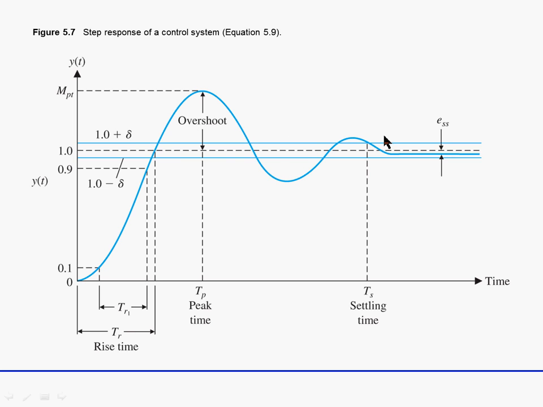you have another oscillation or two, and then you stay like that. So what does it mean? You say steady state error here.